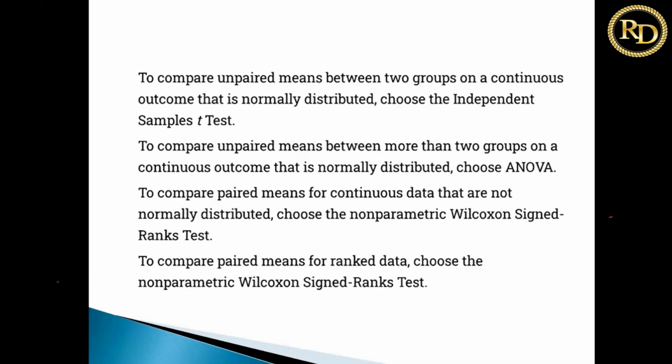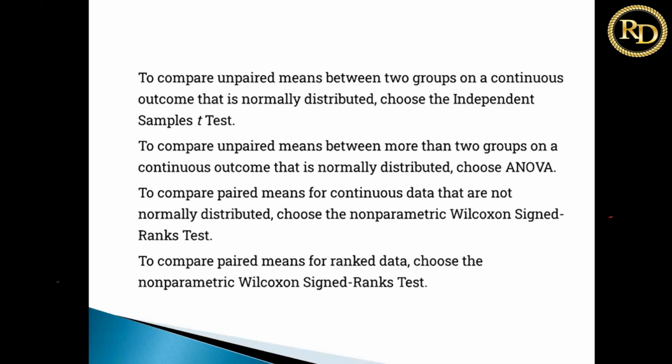Now to compare unpaired means between two groups on a continuous outcome that is normally distributed, choose the independent sample t-test, obviously. To compare unpaired means between more than two groups on a continuous outcome that is normally distributed, we go for the ANOVA.